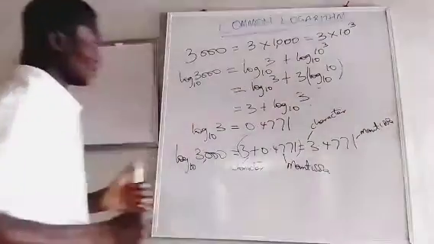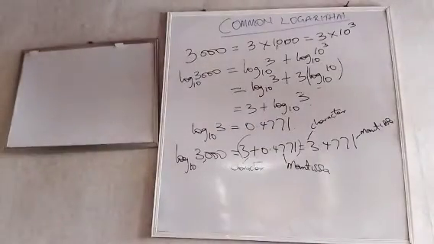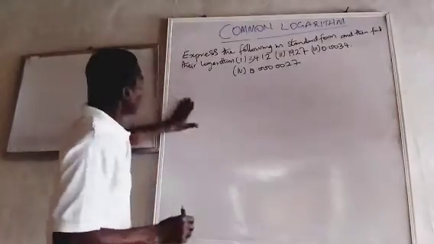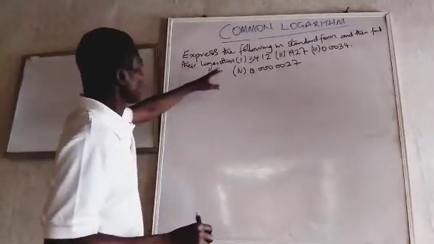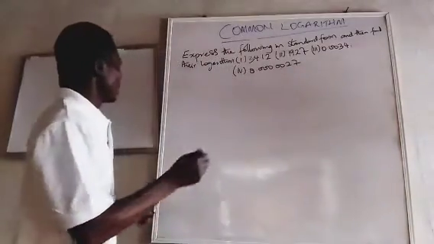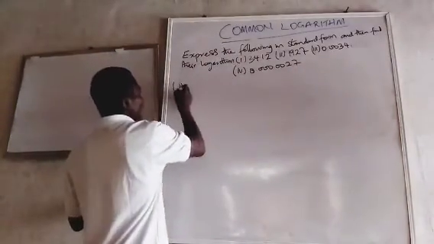Now let's quickly look at some to increase our understanding. Now just to enhance our understanding, let's quickly do these ones. The question says express the following in standard form and then find their logarithm. The first one is 34.12.